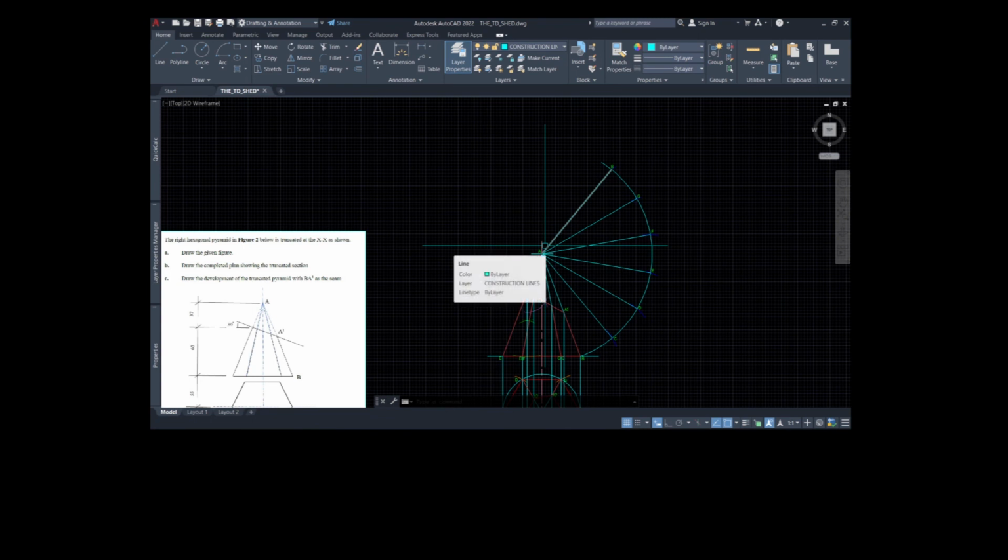At this point, we'll produce arcs from the apex of the pyramid A to points A through A6.